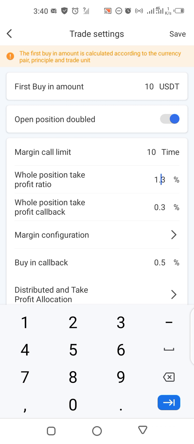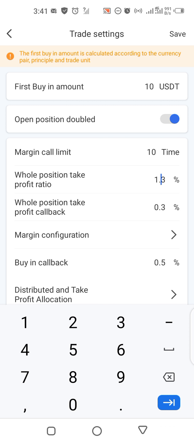Then the whole position take profit callback. If the market tries to go down, the bot will still continue to keep your profit. If the market keeps on going above 1.3%, it goes to 2% or 10% or 20%, the bot will continue, ladies and gentlemen.